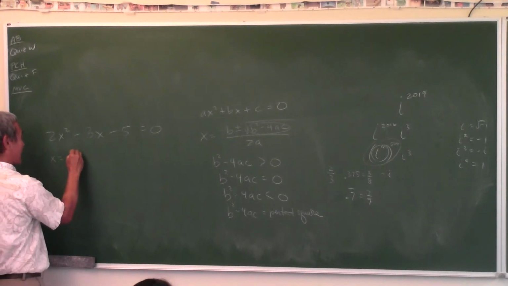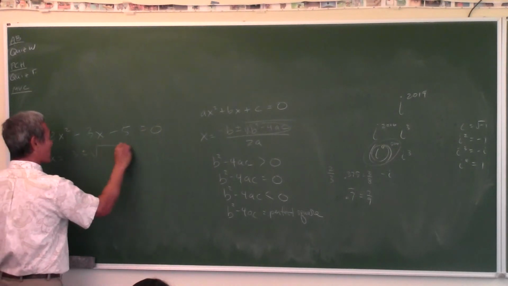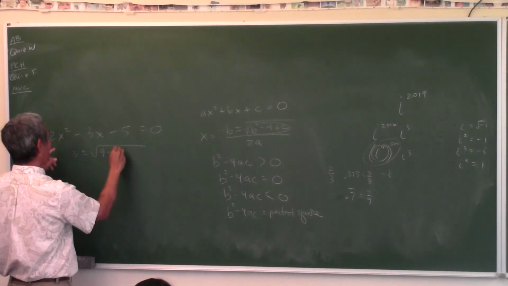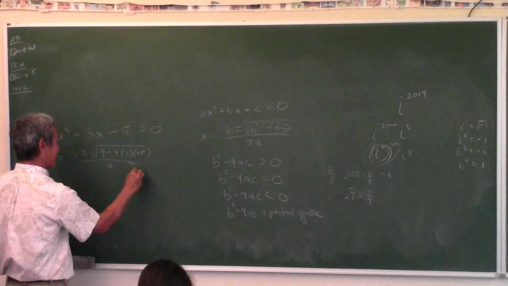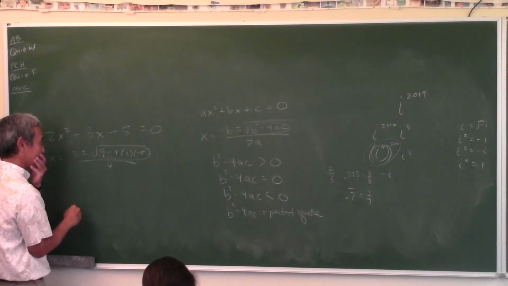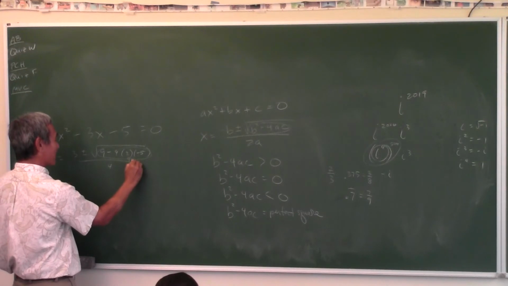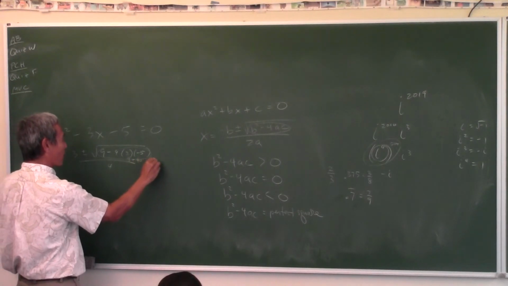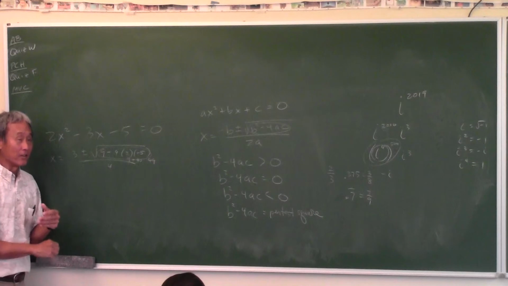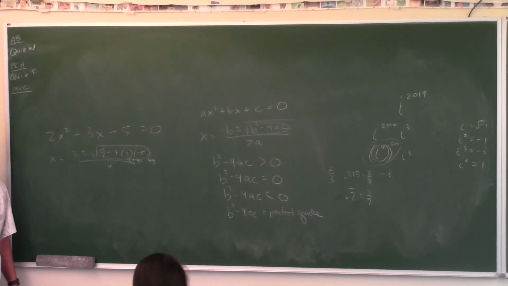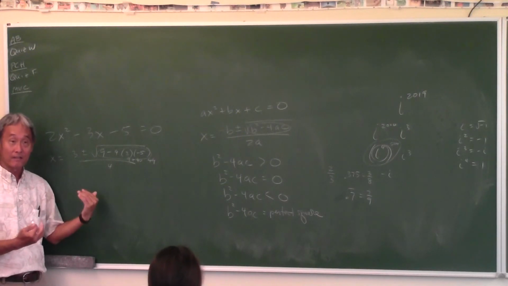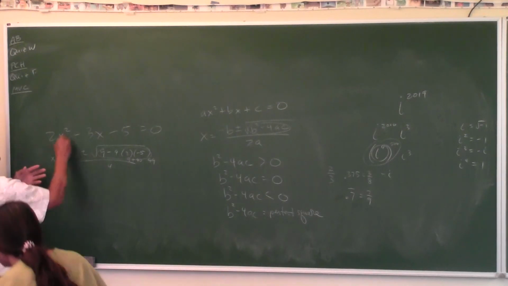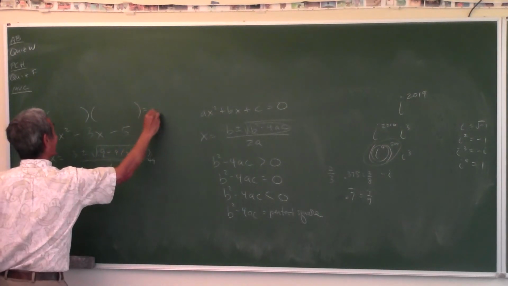X equals negative b plus or minus the square root of b squared minus 4ac all over 2a, right? Now how do you compute this number right there? You get 9 plus 40, which is 49, so that's 7 then, right? Then you go, oh darn it, I could have factored it then. Whenever this thing comes out to a perfect square, that means you're going to have rational roots, which means you could have factored it. You guys know what I'm talking about? See, because look, why use the quadratic formula when you can just do this?